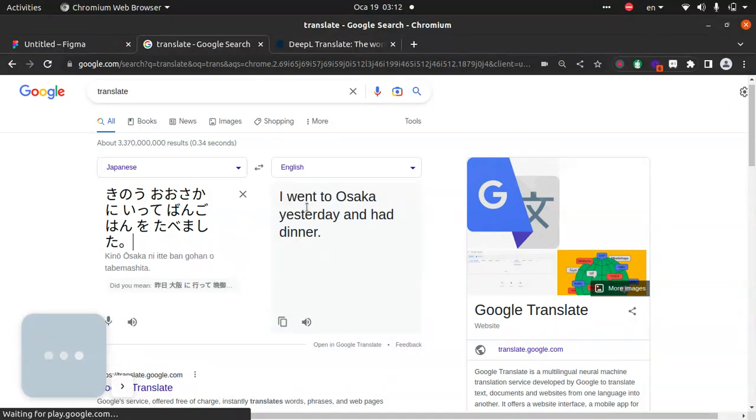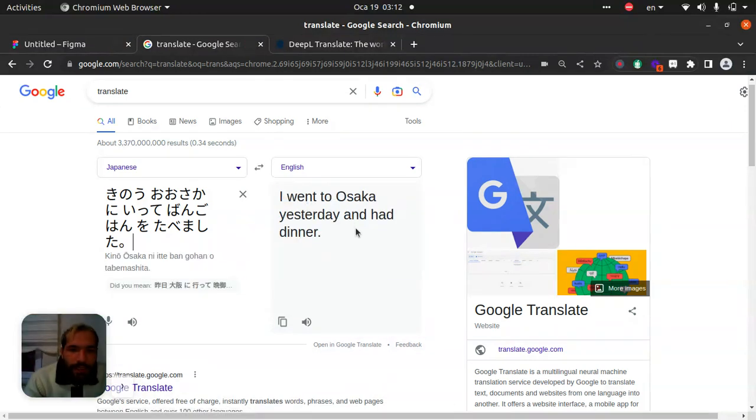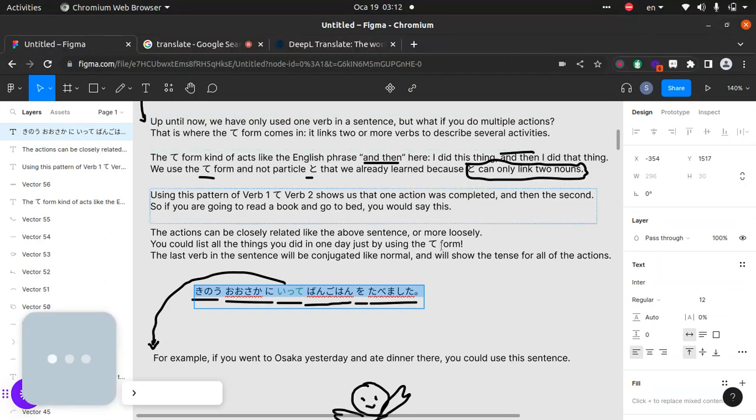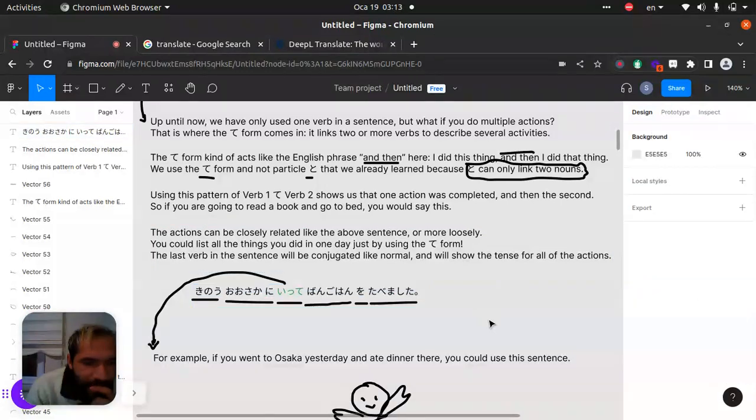It's saying I went to Osaka yesterday and had dinner. Yes, the word is dinner, right? I went to Osaka yesterday and I had dinner. So let me read it again: kinou Osaka ni itte.